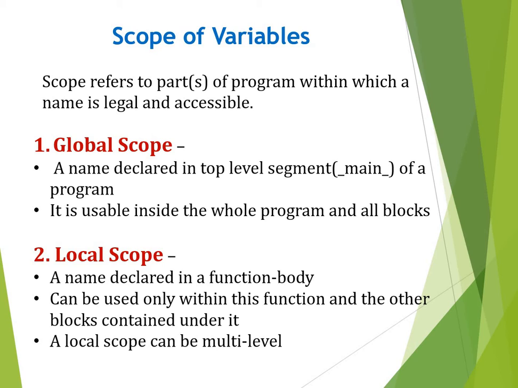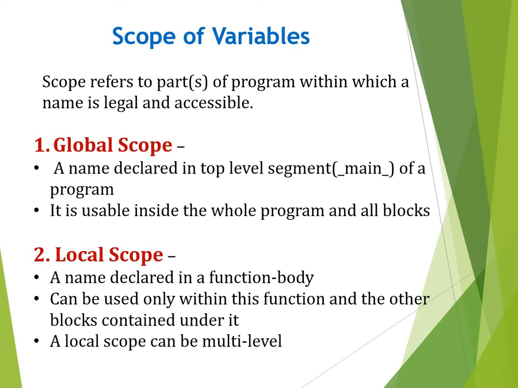So we can say that the scope of the general ticket is the whole city and all the monuments, right? But for Ticket A, the scope is only Monument A. For Ticket B, the scope is only Monument B.